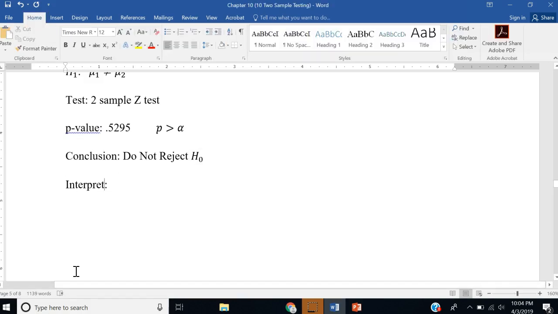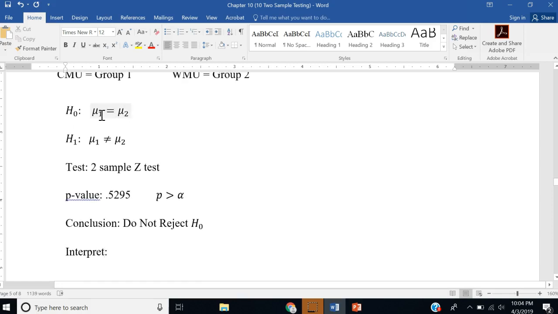Now, if we do not reject H0, what are we saying? We're saying the average salary of professors at Central Michigan University is close to the average salary of professors at Western Michigan University.